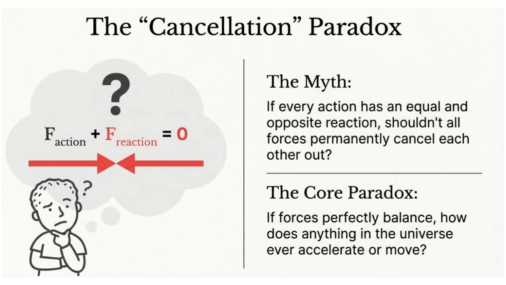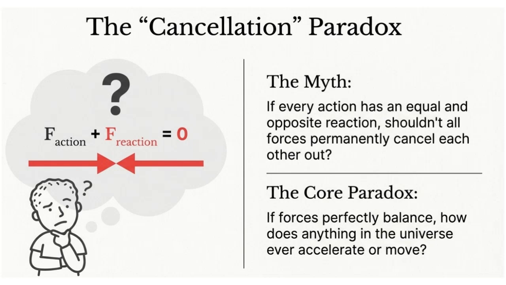This slide introduces the cancellation paradox, which questions the idea that every action has an equal and opposite reaction, a core principle in physics. The myth suggests that since forces always come in pairs that balance each other out exactly, they should cancel out entirely, resulting in no motion or acceleration at all.